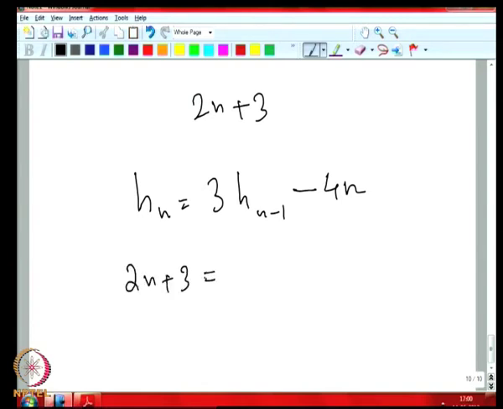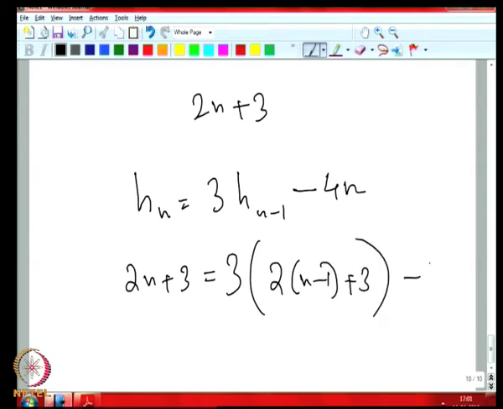2n plus 3 equal to 3 into 2n plus 3, that is 6n plus 9. Sorry, this is Hn minus 1. So it will become 3 into 2 into n minus 1 plus 3, minus 4n.